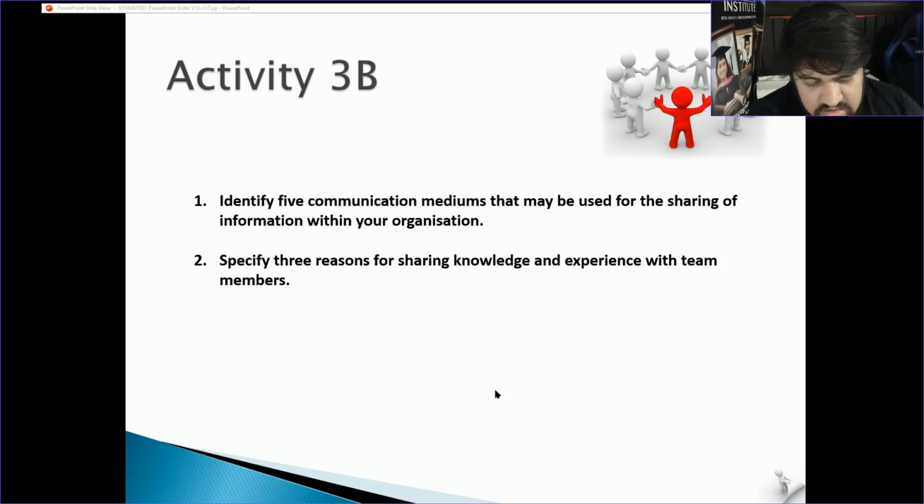And then building positive relationships, so they understand that you are willing to share your knowledge with them if they come to you and ask you for help or any suggestions.